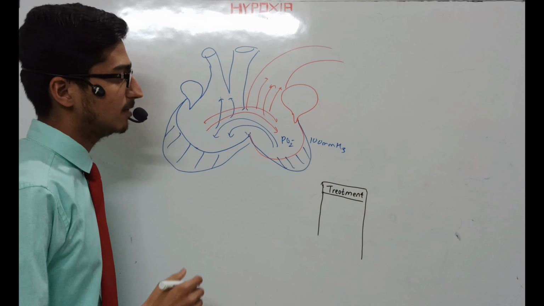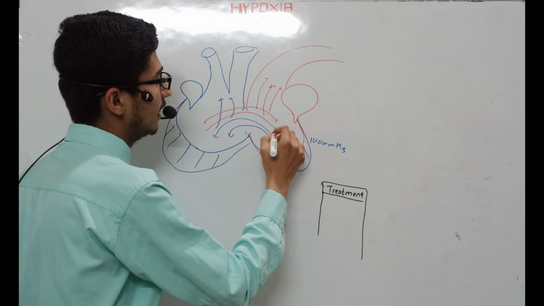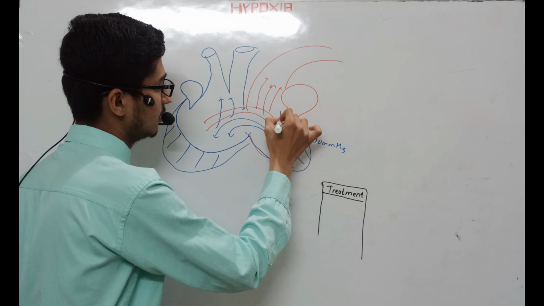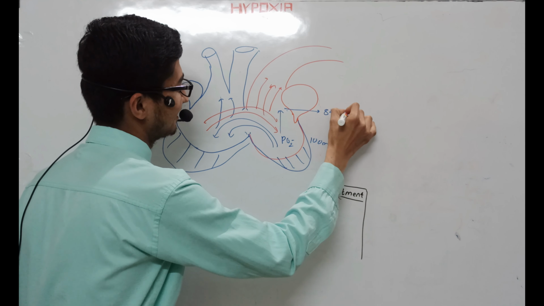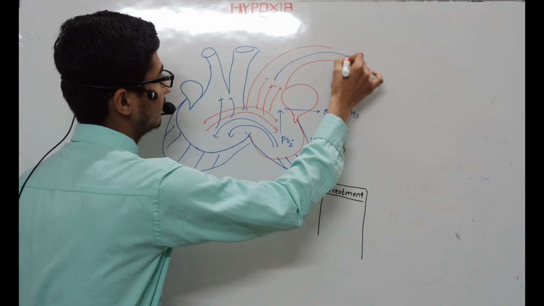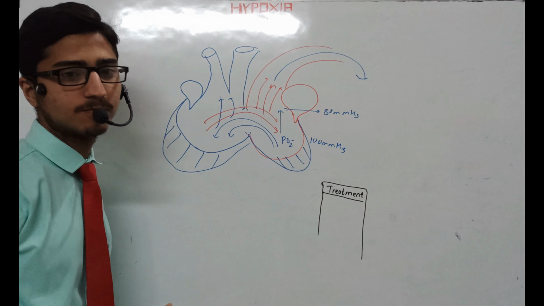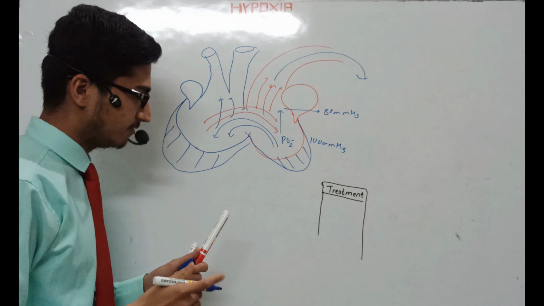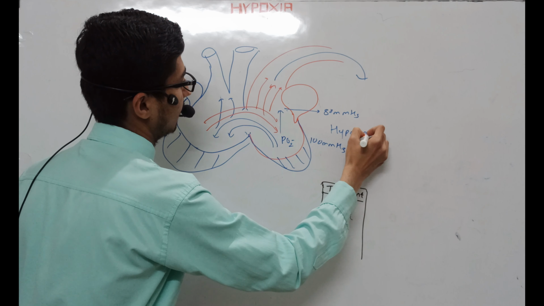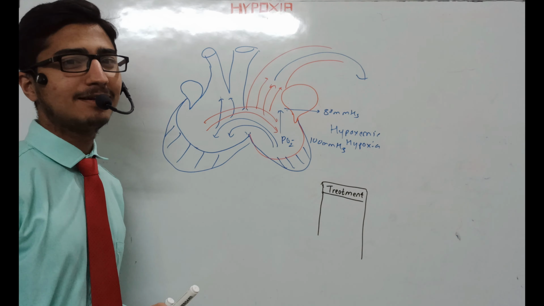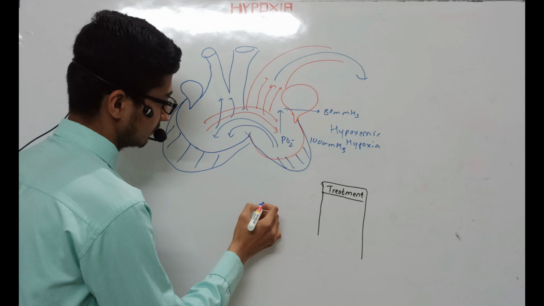Here the non-oxygenated blood will also get mixed up, and let's suppose it reaches the limit of 80 mmHg, and further when it moves into the circulation the partial pressure of oxygen is decreased, which will result in hypoxemic hypoxia.